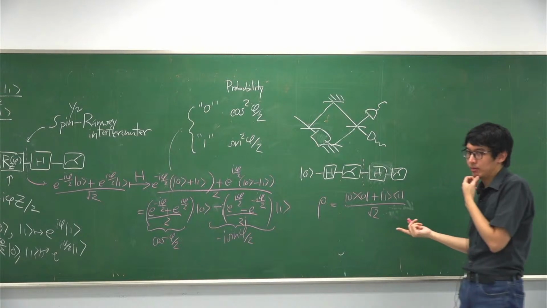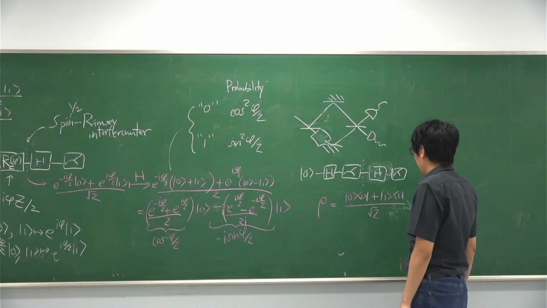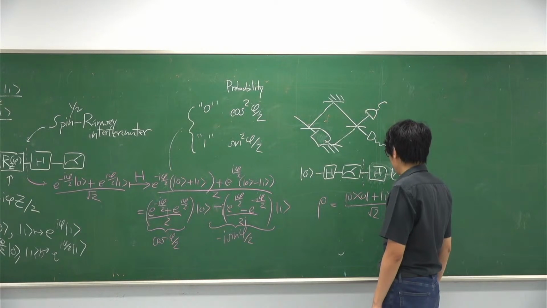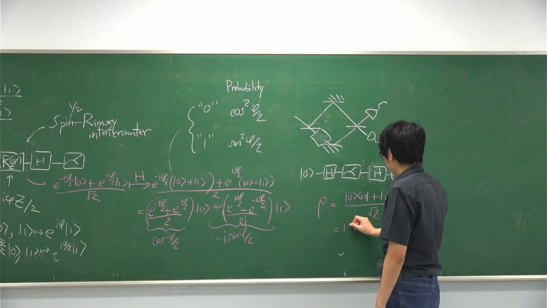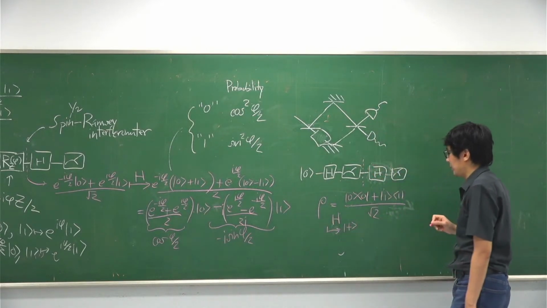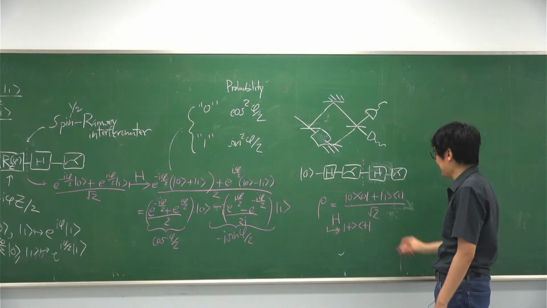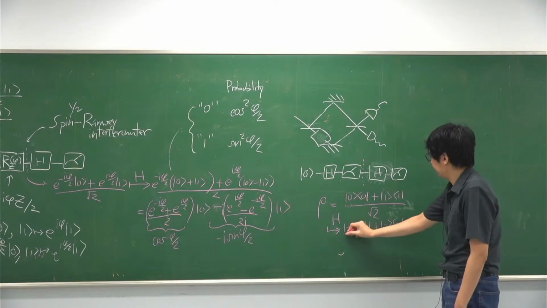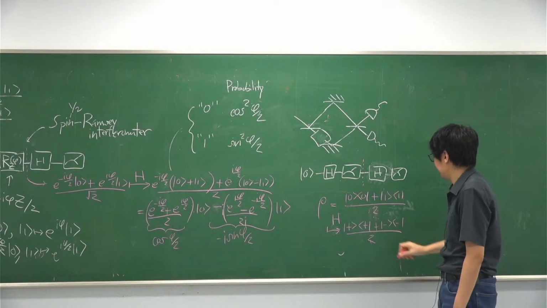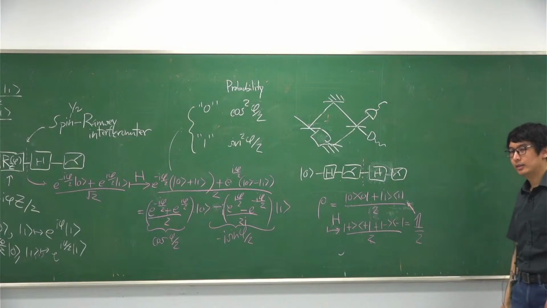So this will be your rho before looking at the result. And if you apply the Hadamard gate, it just maps the 0 state to the uniform superposition, the plus state. Sorry, this has no square root, but it is still the same density matrix, right?